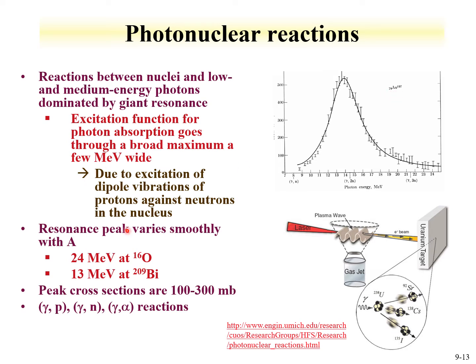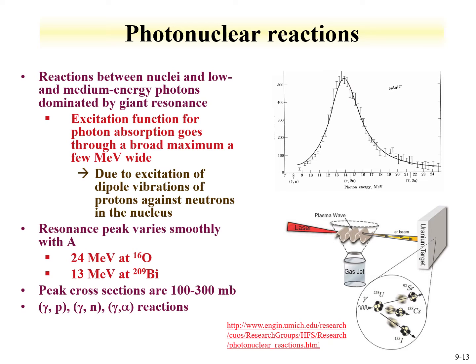This is due to the dipoles that can set up within the nucleus between protons. One thing about the value here is that it is in millibarns, so photon reactions tend to have cross sections on the order of 500 millibarns. As we see, the reactions here are gamma n, gamma 2n, gamma 3n. We see it goes through a maximum peak for the 2n reaction at around 14 MeV.